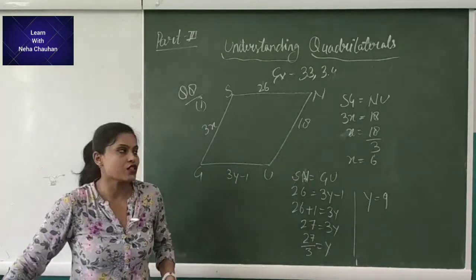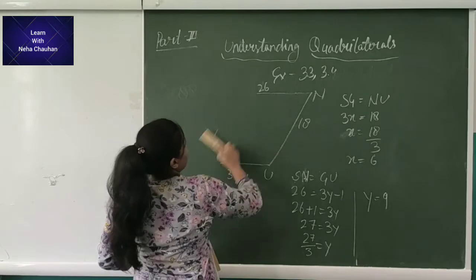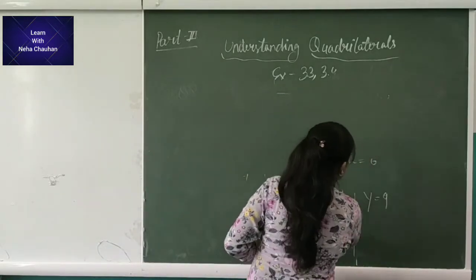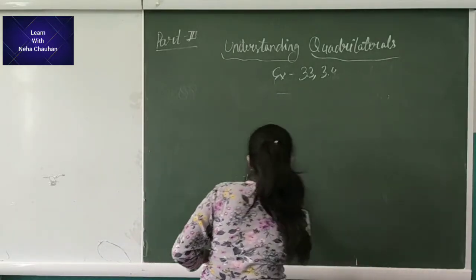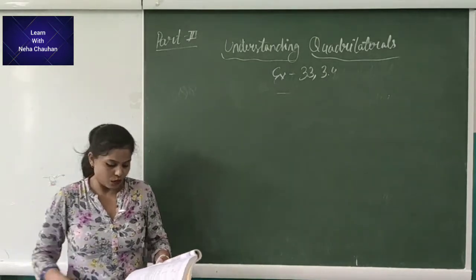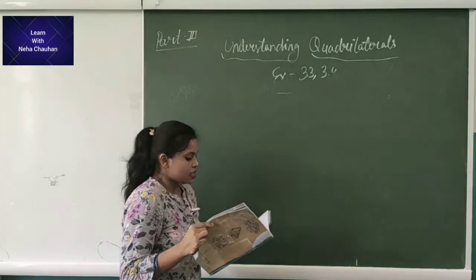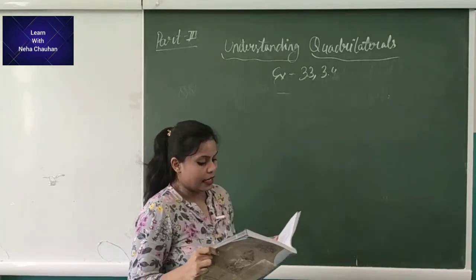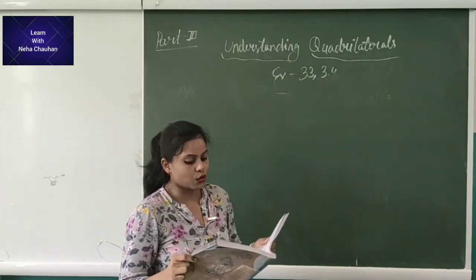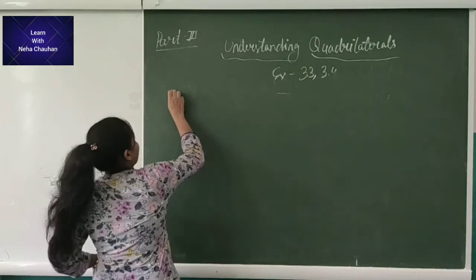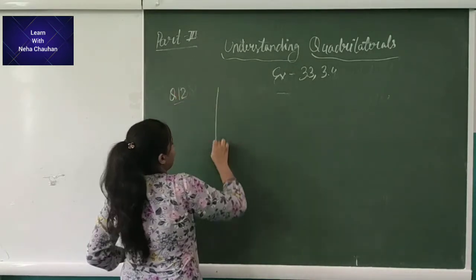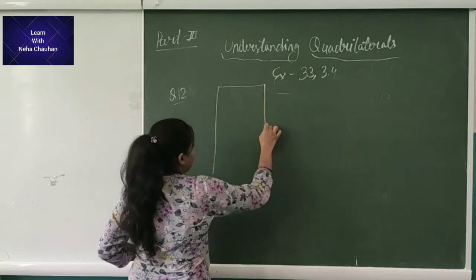Let's do question number 12. So, what is question number 12? Question number 12 says, find the measure of angle P and angle S if SP is parallel to QR. So, here the figure is given as this.